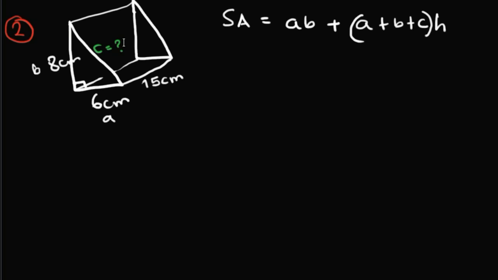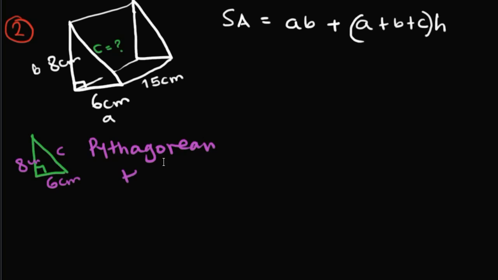So there is nothing we can do beyond that if we don't have C. So let's find C. Now the good thing is that this is a right triangle. We can use the Pythagorean theorem and we get C.